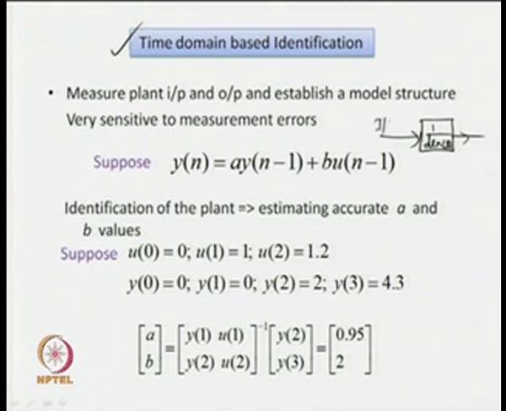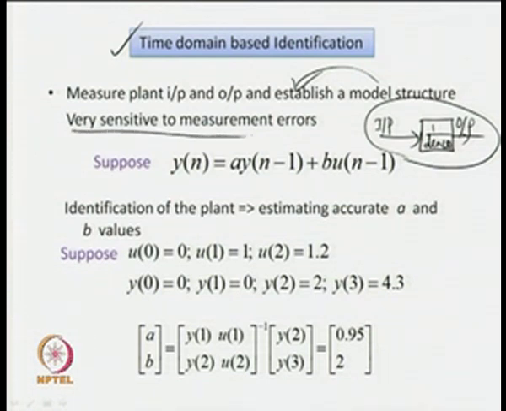Then we can apply some known input and we can measure the output from the process. From the measurement of input and output, a model structure can be established, but the model is found to be very sensitive to measurement errors.